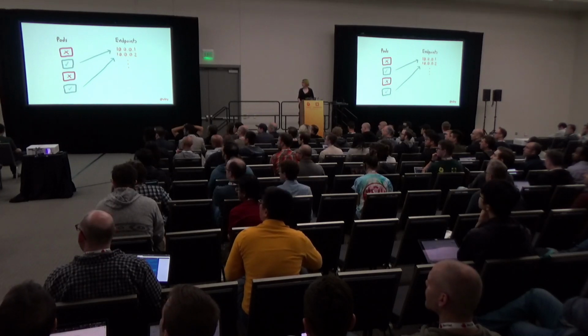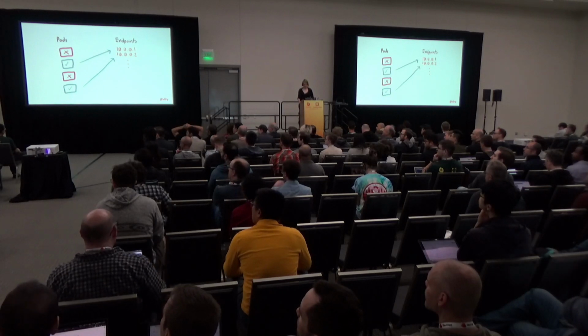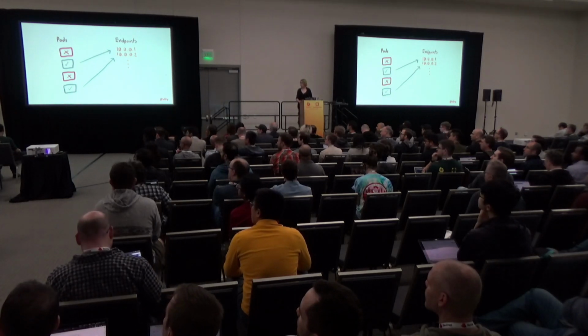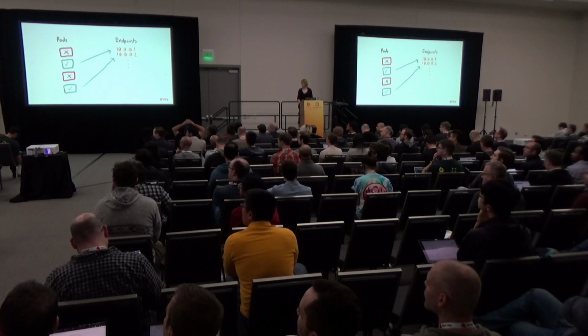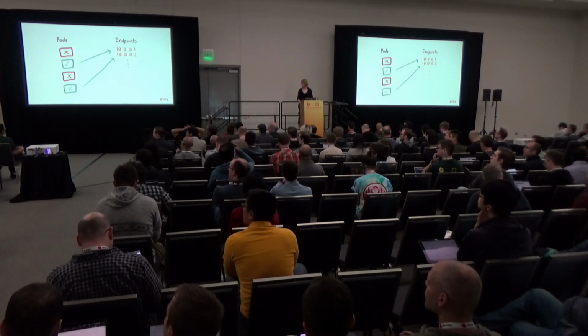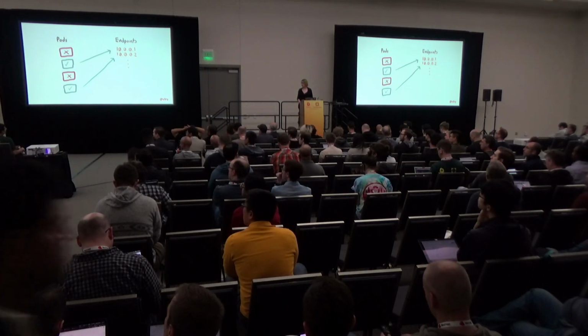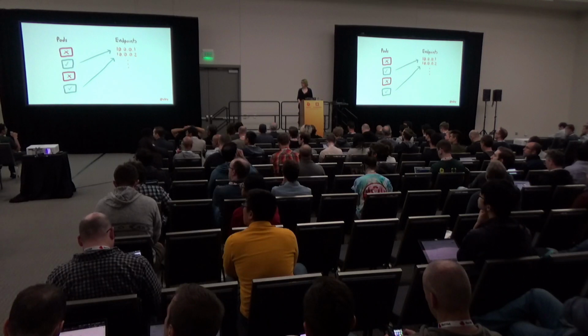Question was, when the controller, which is observing, let's say, endpoint create event, sees the create event, does it mean that the pod providing that endpoint is in the ready state? It's a guarantee?